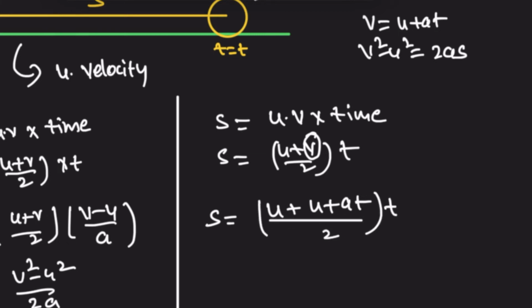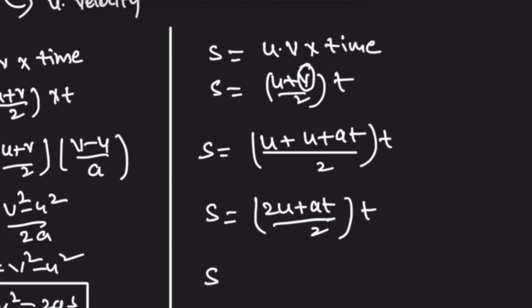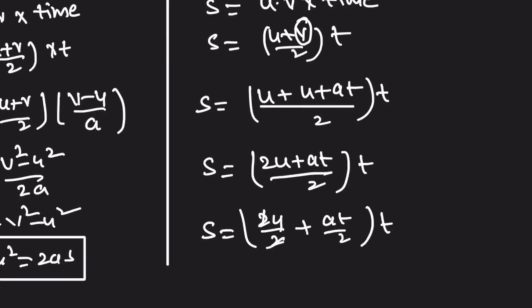Okay. Next, see here, s is equal to u plus u plus at by 2 into t. Next, s is equal to 2u by 2 plus at by 2 into t. Okay, so 2 cancel. Then the bracket means multiply t with u and at into t, at square, so there is by 2.